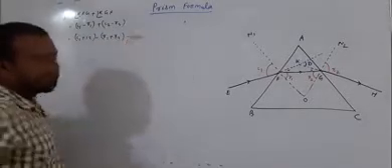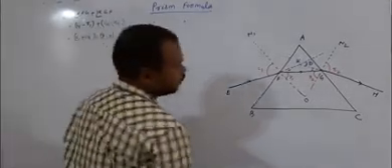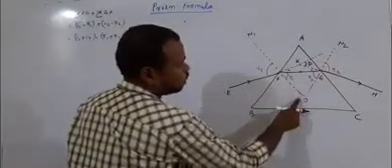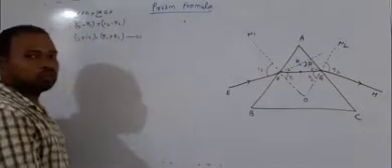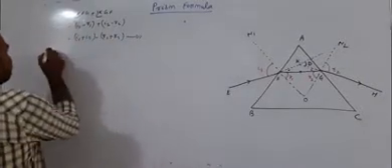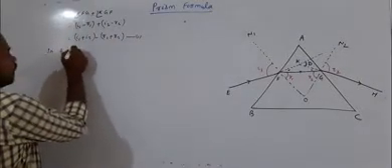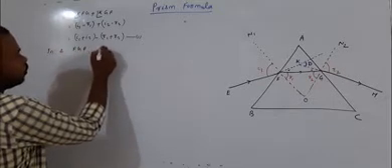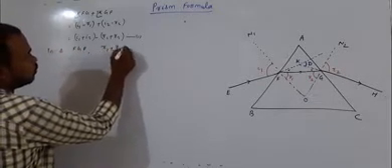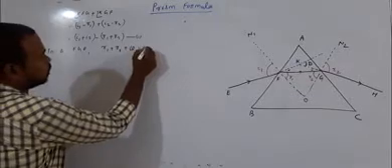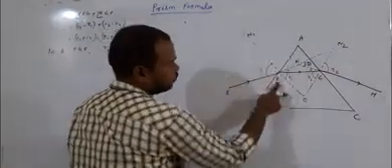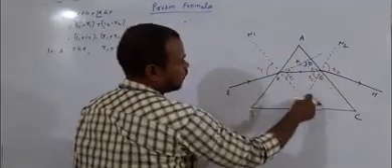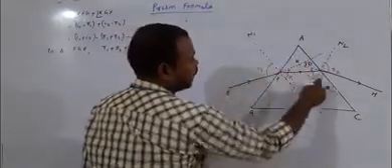Equation 1. Clear? Now consider the triangle FGO. R1 plus R2 plus angle O is equal to 180 degrees. Again, you see AFOG is a quadrilateral.